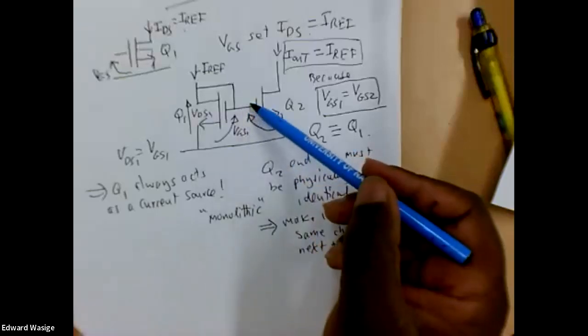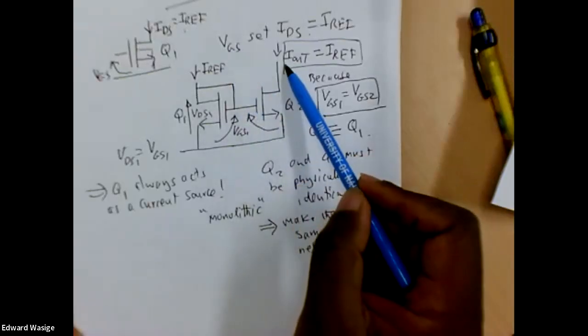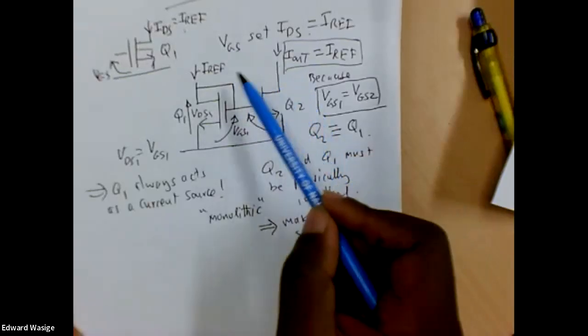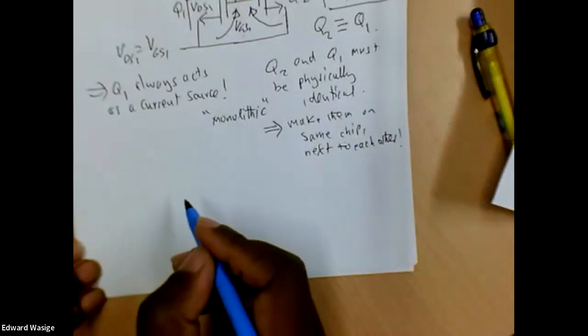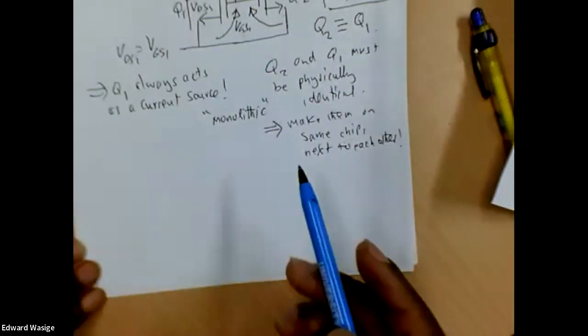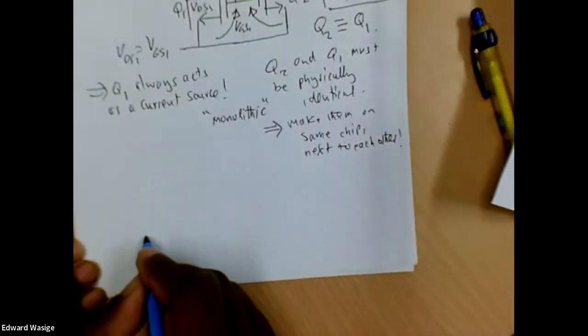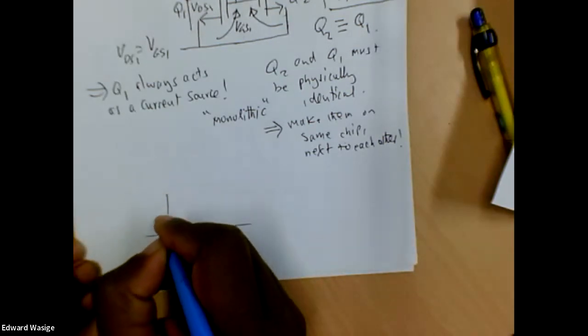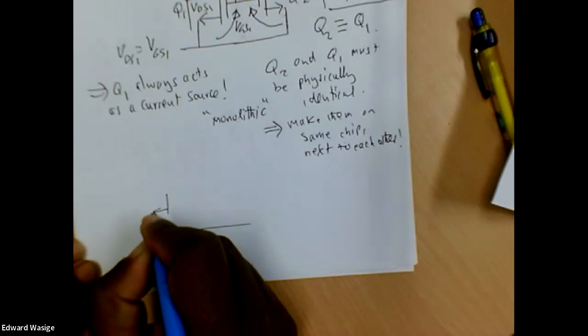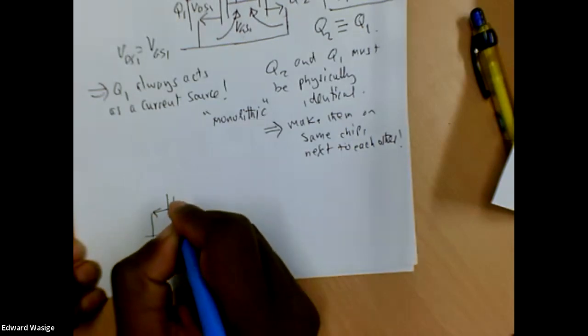So we call this a current mirror because I out copies whatever current. So how can we vary the reference current? One of the reasons for going to this circuit is that we can vary the reference current. So if I just redraw the circuit, I'll show you how.